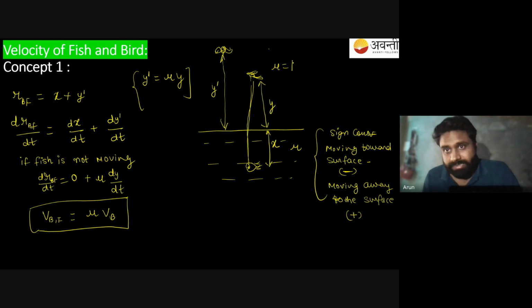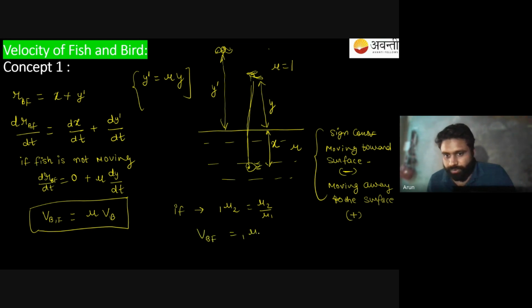Although if this is the medium, not air, this is mu1, and if the relative refractive index is given to you, like 1 mu 2, it is mu2 by mu1, the refractive index of medium 2 with respect to 1. So this velocity of bird with respect to fish would appear as 1 mu 2 times vb.